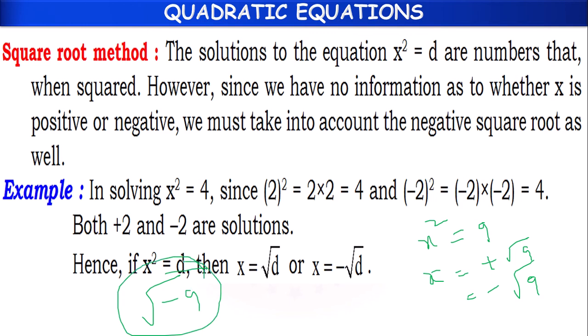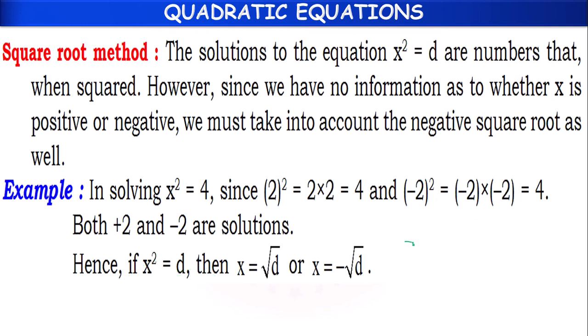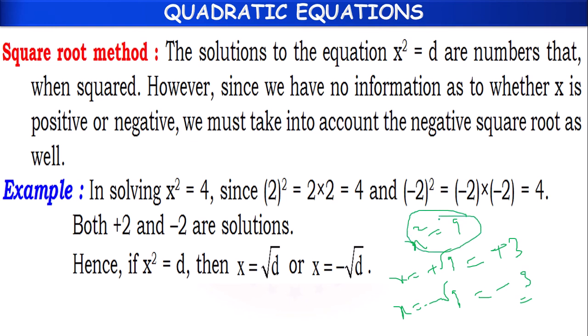Then it will become an imaginary number. So if x square equal to 9, x equal to plus root of 9, x equal to minus root of 9, which means root of 9 is 3. So the solutions of this quadratic equation is either plus 3 or minus 3. So this is square root method, children.